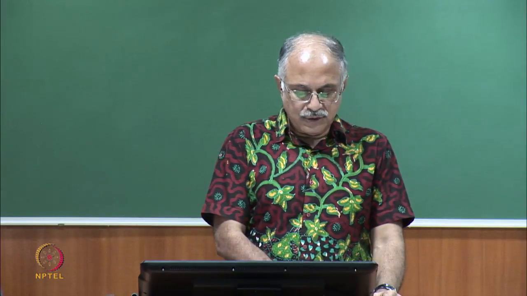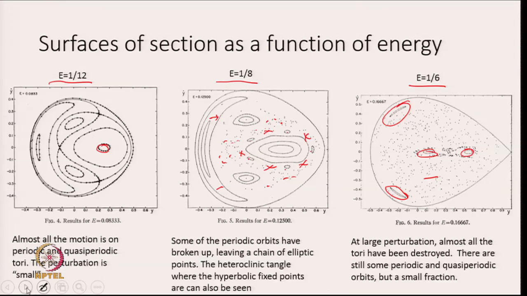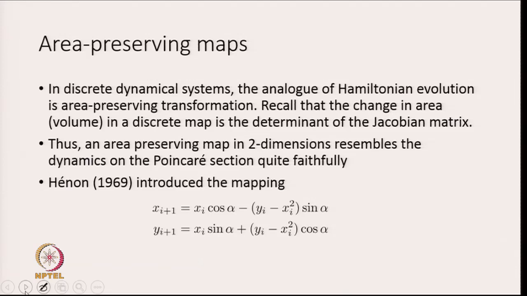Integrating equations of motion in Hamiltonian systems is not particularly difficult because you know Hamilton's equations for the system, but it is possible to integrate these equations for much longer times if we work with mappings rather than differential equations. In discrete dynamical systems, and a lot has been studied in this area, the analog of Hamiltonian evolution is area preserving transformation.